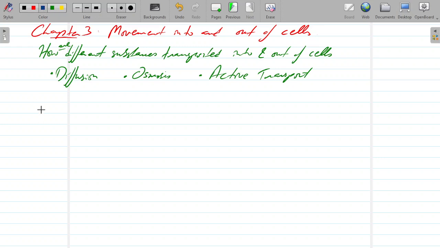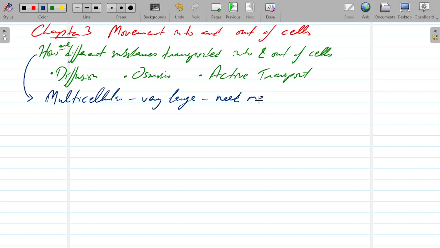Or in fact, we start with why do we need this? So, we are multicellular organisms, as we just saw, and we are very large. And so we need mechanisms to provide food and energy to all the cells of the body.